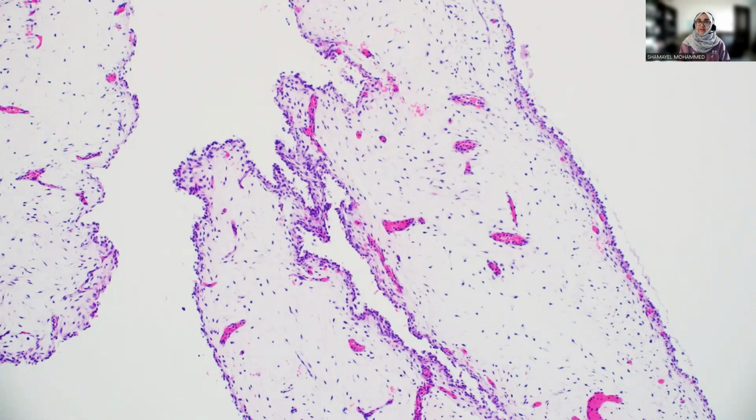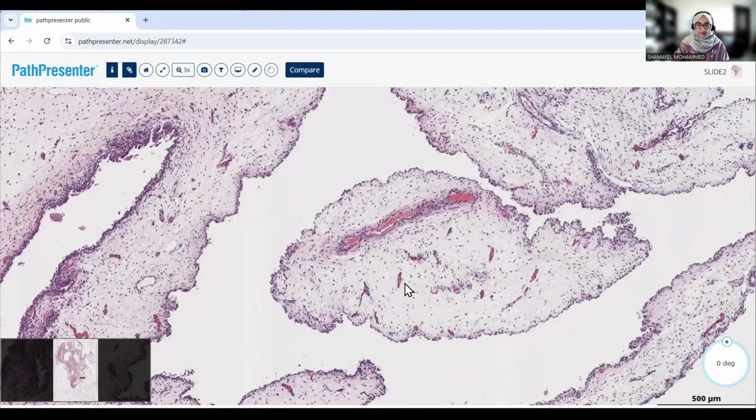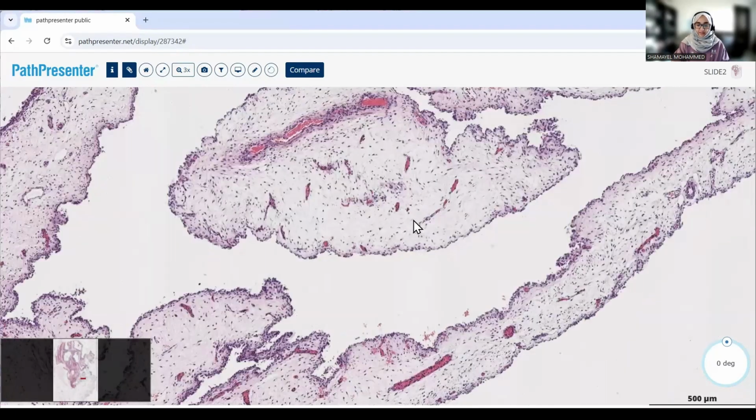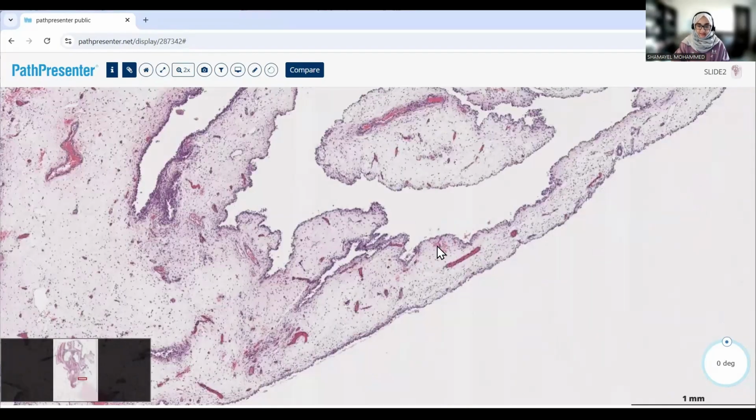So let's look at those additional sections. Okay, so let's look at those sections from the cystic cavity over here. This is a representative section similar to what we saw in the still images.